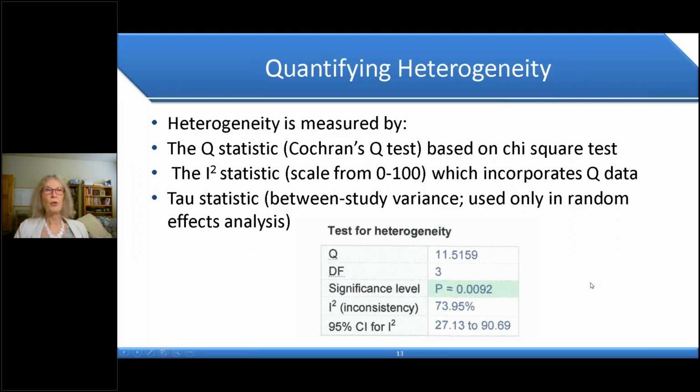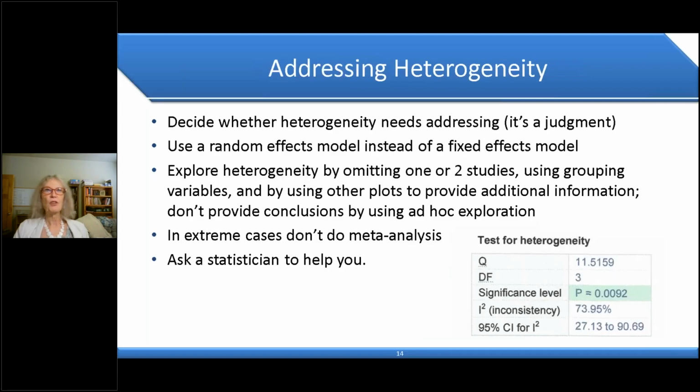So although we can quantify heterogeneity, there isn't a magic number or a gold standard that says, hey, you get to this number, you automatically have a problem. It's really about judgment. So in addressing whether you have to deal with heterogeneity or not, we take some things into effect.